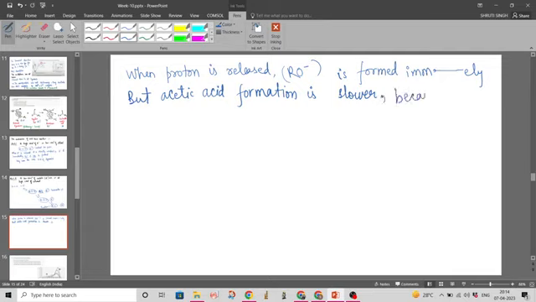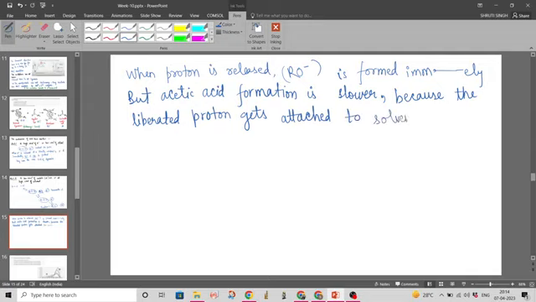Because the liberated proton, or the released proton, gets attached to a solvent molecule.